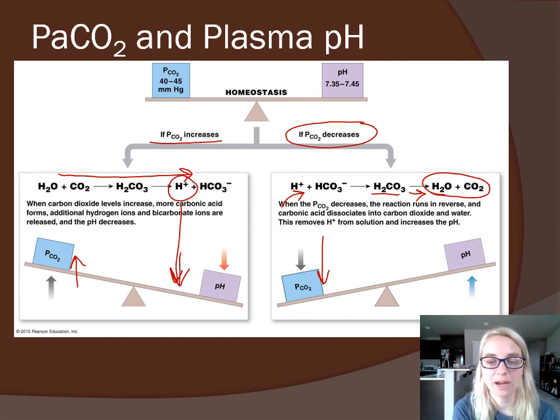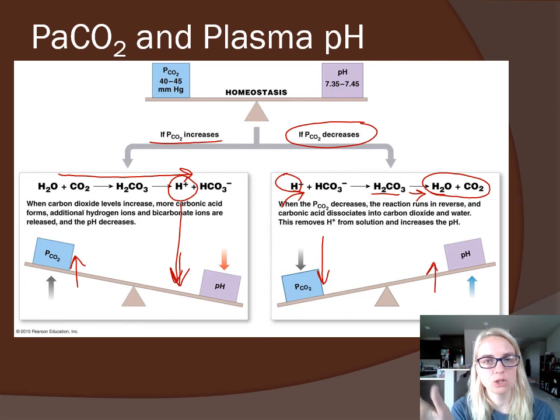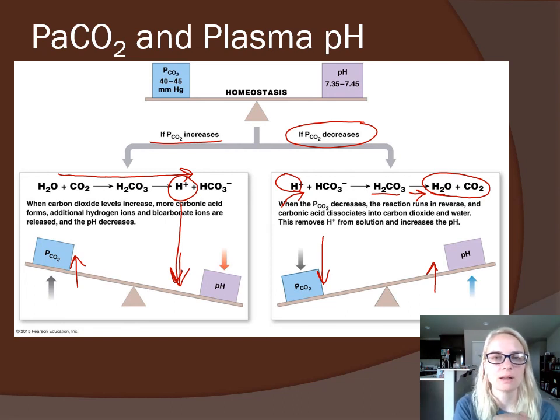And when we tie up those hydrogen ions, we reduce hydrogen ions, so we're going to increase pH. All right, so that's that relationship between CO2 and blood pH. You kind of answered some of those questions in that grandpa pulmonary fibrosis case study a couple body systems ago.